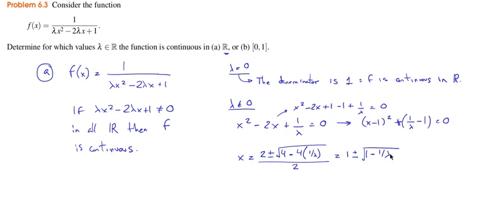Now, if we want f to be continuous in all R, that means that this second order polynomial, or this parabola, has to have no roots, or in other words, that 1 minus 1 over lambda has to be smaller than 0. If this is smaller than 0, then there are no real roots. When is this true?